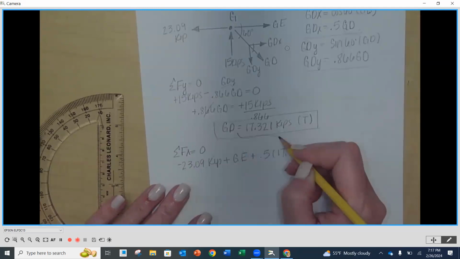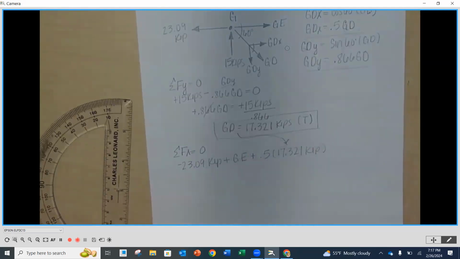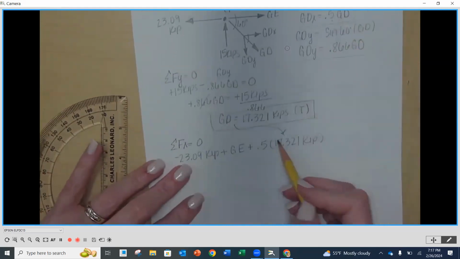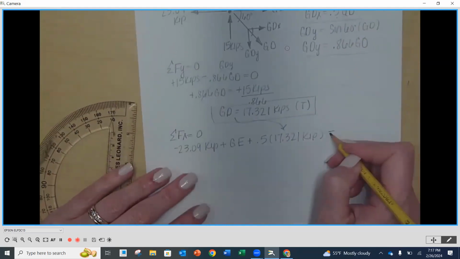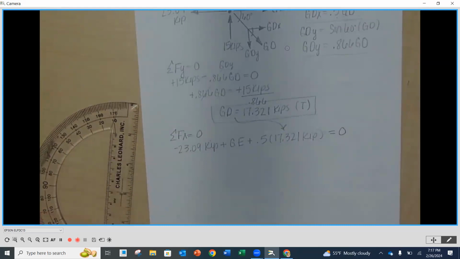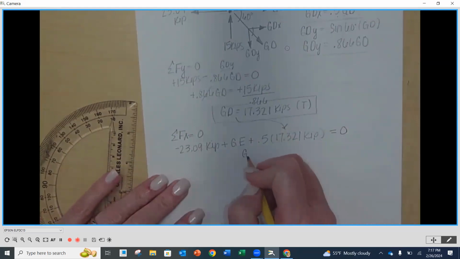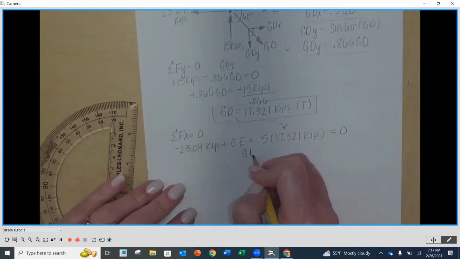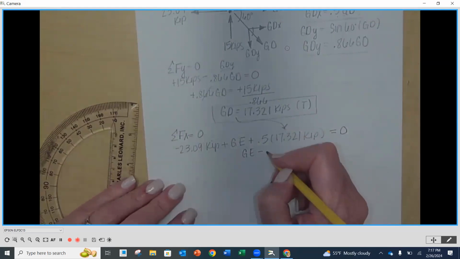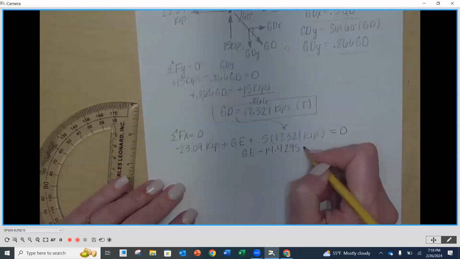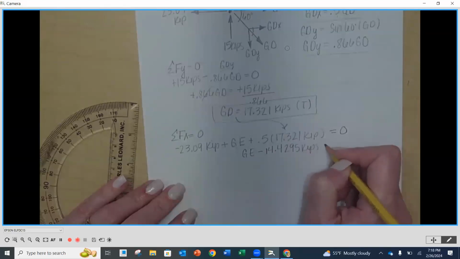Okay, so that's right there. And since I'm in the X direction, it's multiplied by 0.5, equal to 0. So now I can combine these, right? Multiply them out, combine them, and then solve for GE. So GE minus 14.4295 kips is equal to 0.